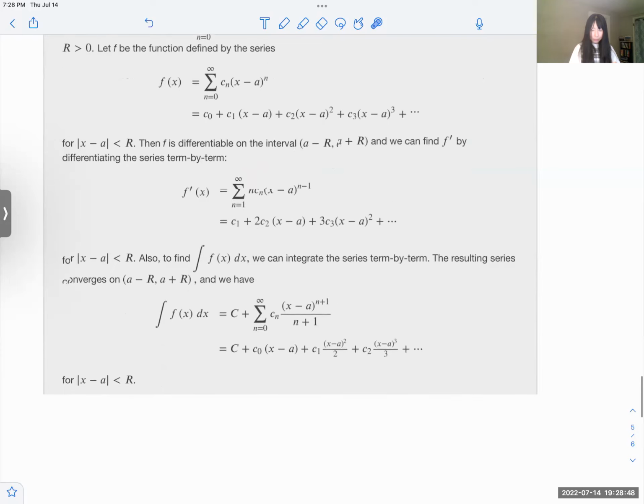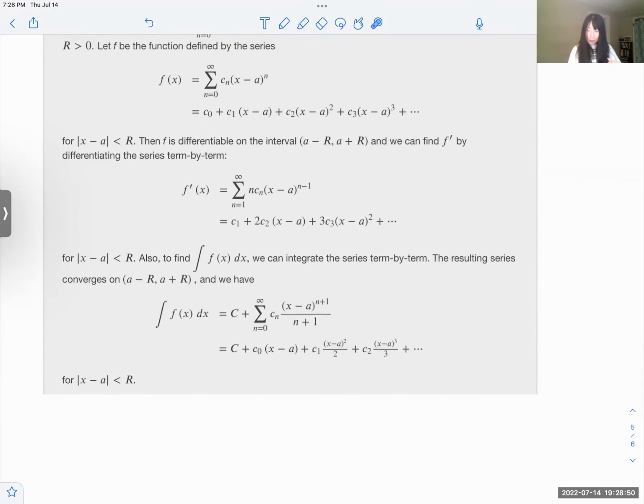Okay, now we do the antiderivative, right? So we are doing the antiderivative of this one. Then we get the C. We have all the terms plus C, right? And we do the antiderivative, right?